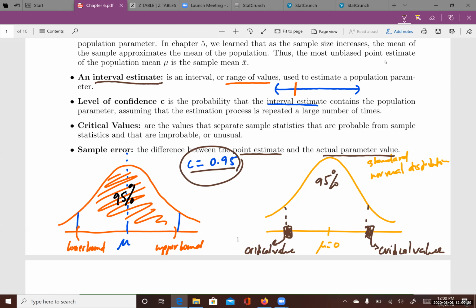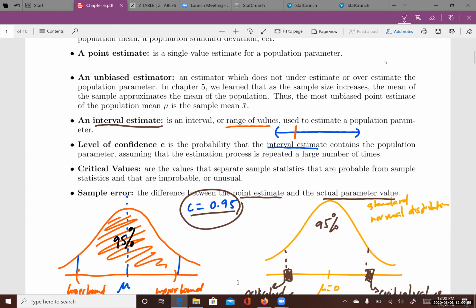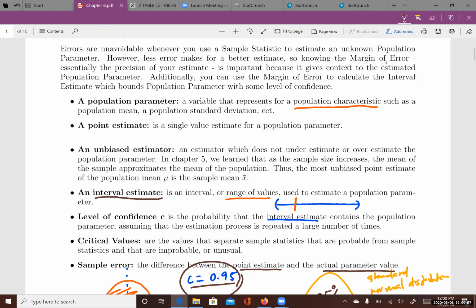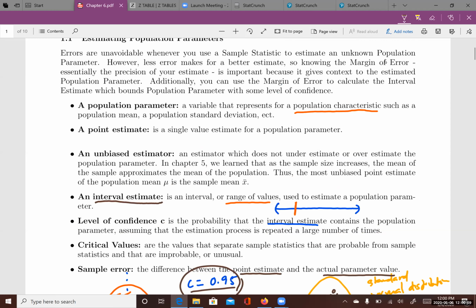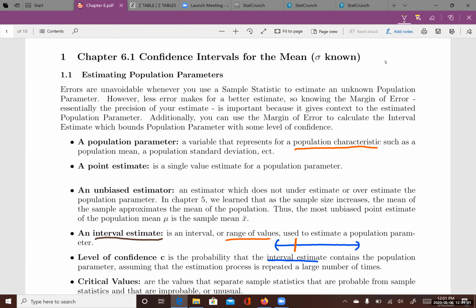Once the sample error is reduced to a small value, we are better at estimating the population parameter. All right, so this is an introduction to some terminologies we're going to use in order to construct a confidence interval for the population mean.